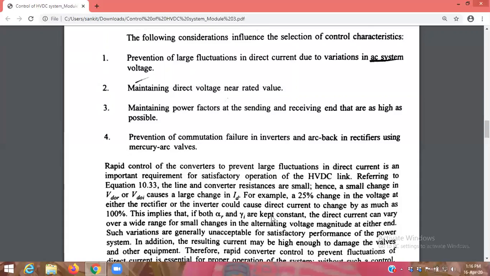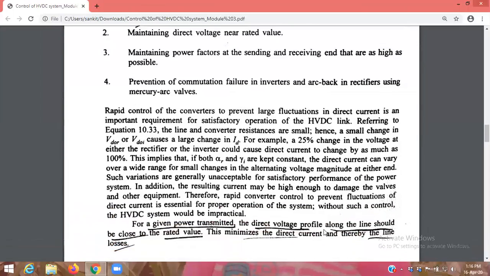So this implies that if both the firing angle at the rectifier side and the extension angle at the inverter side are kept constant, the direct current can vary over a wide range for small changes in the alternating voltage magnitude at either end. Such variations are generally unacceptable for satisfactory performance of the power system.